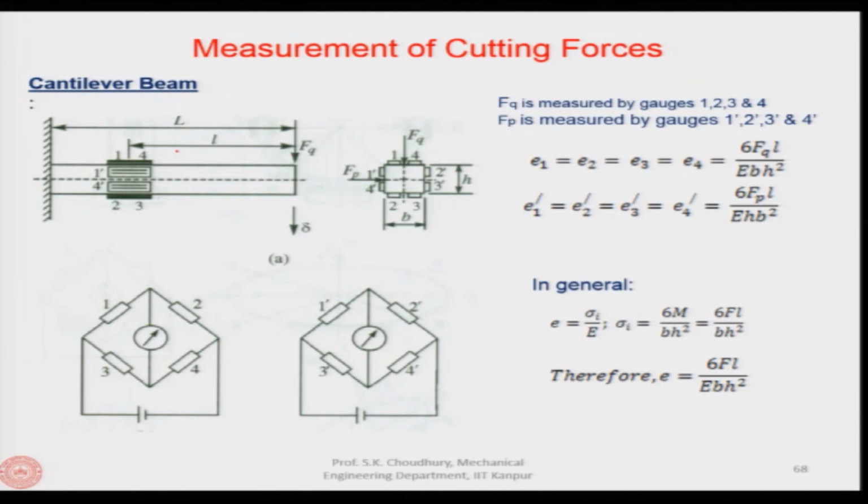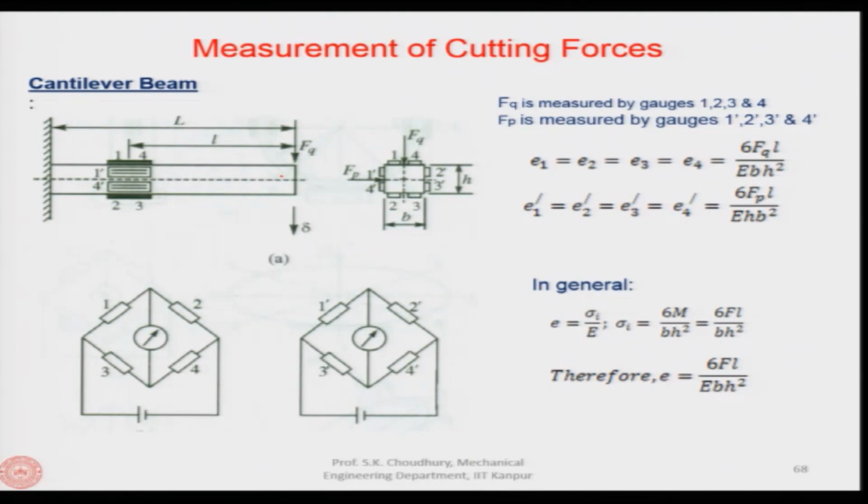So, if you can measure the moment from there, knowing the distance from the application of the load, we can find out the force. This is the principle by which forces are measured in a cantilever beam.